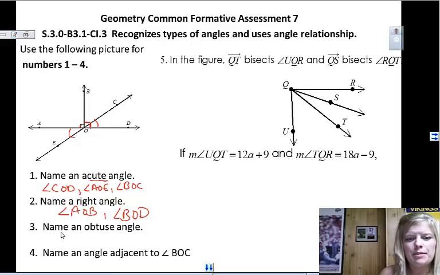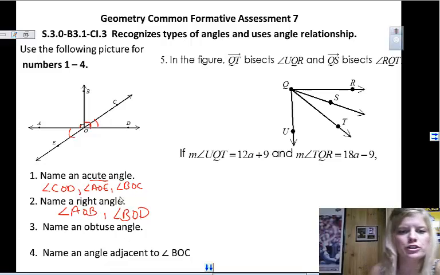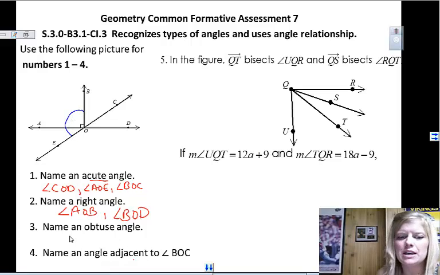Number 3, name an obtuse angle. Obtuse. Large and in charge. Over 90 degrees. Let's change up the color a little bit. Blue. Obtuse. Well, what about EOB? Yeah, that's obtuse. Angle EOB. What else could have worked? Could you have said DOE?